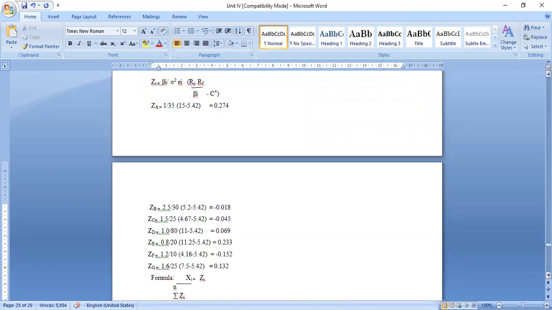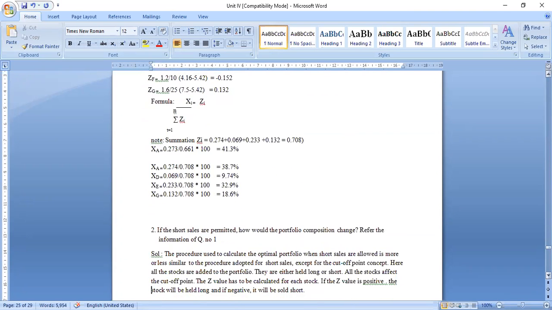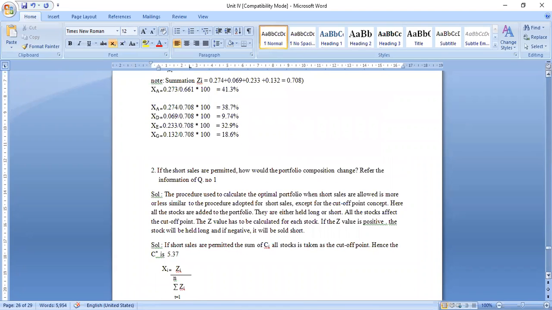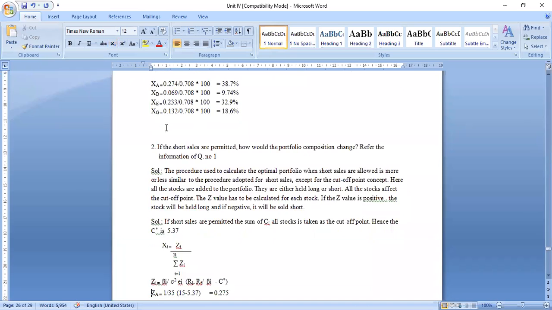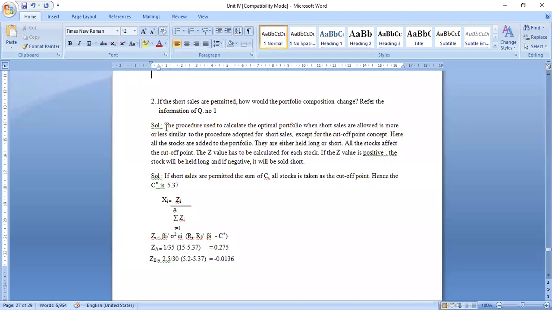Okay. So can we move to the last problem here? If short sales are permitted, how would the portfolio composition change? So if anybody is having any doubt with regard to optimal portfolio without short sales, you can ask, else we will move on to the last aspect here. When short sales are given in the problem to build up an optimal portfolio.